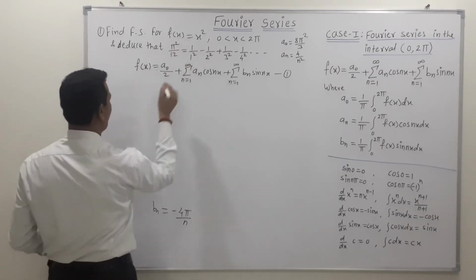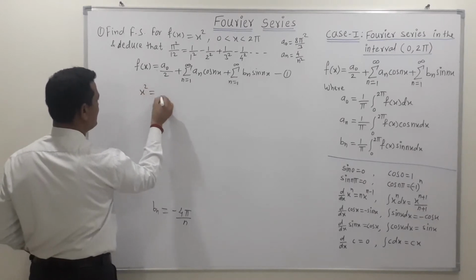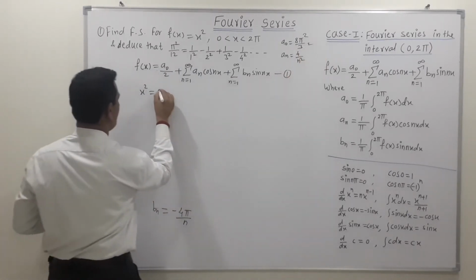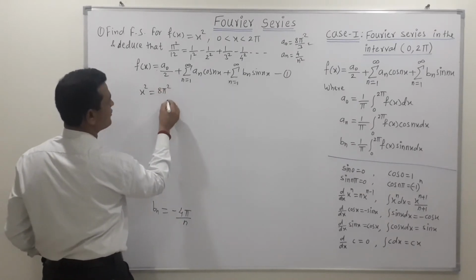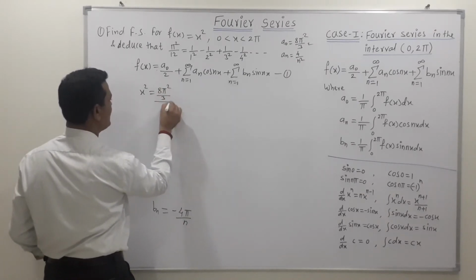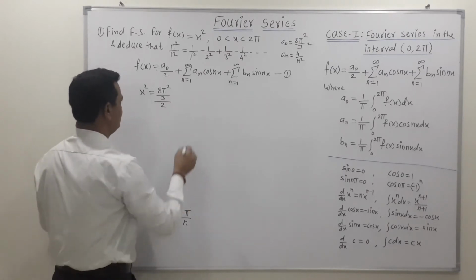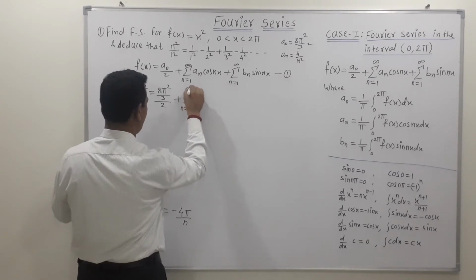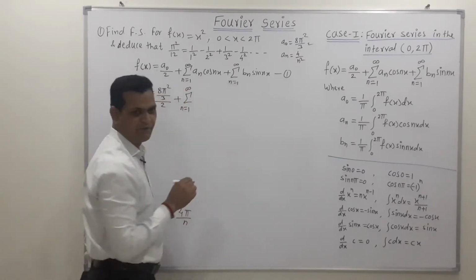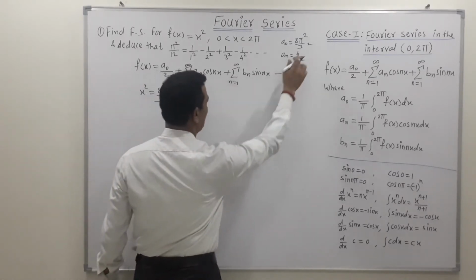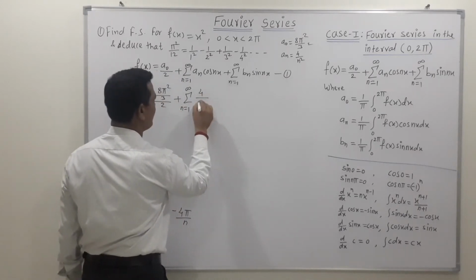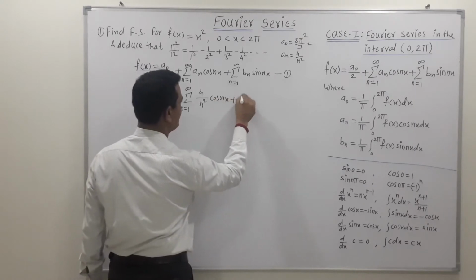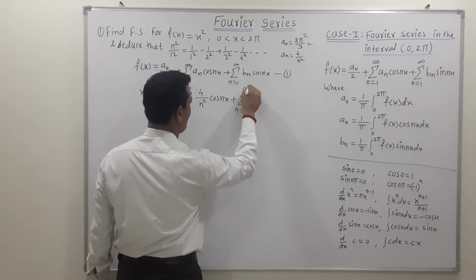So we get the value of f of x. Here the value of f of x is x square, which is equal to a0, which is 8 pi square upon 3 divided by 2, plus summation n from 1 to infinity. Then put the value of an, which is 4 upon n square into cos of nx, plus summation n from 1 to infinity.